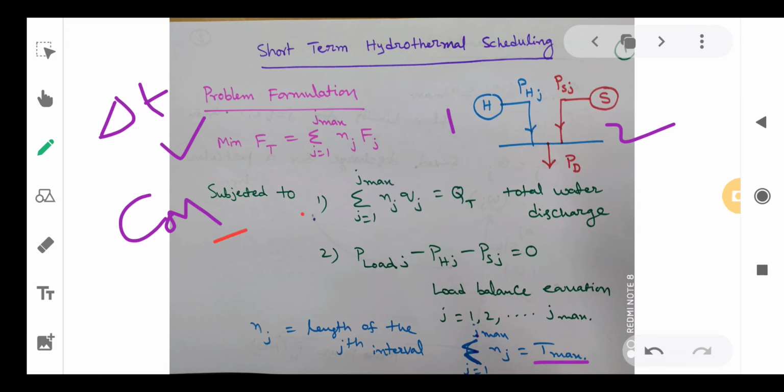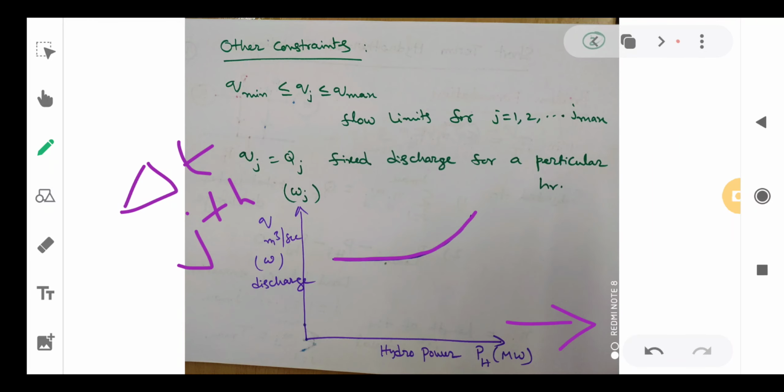The problem formulation is to minimize the function subjected to two constraints. The first one is the water discharge constraint, the second one is the load balance equation. Other constraints are related to hydropower generation. Let us take the curve.